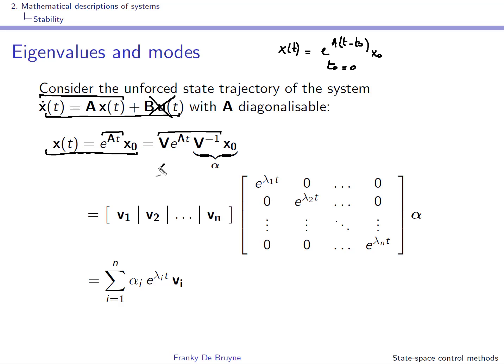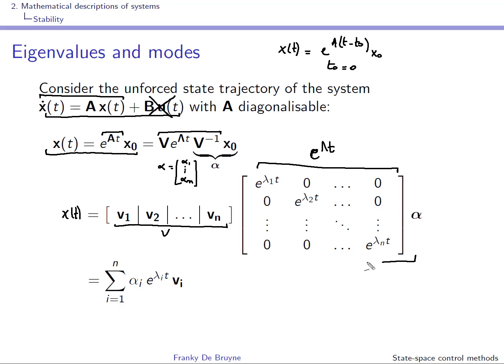So alpha here is a vector, alpha 1 to alpha n, and it takes into account, of course, the initial conditions. So we can say that x of t is V, and remember that V is constructed of the eigenvectors, times e to the Lambda t, and this is alpha.